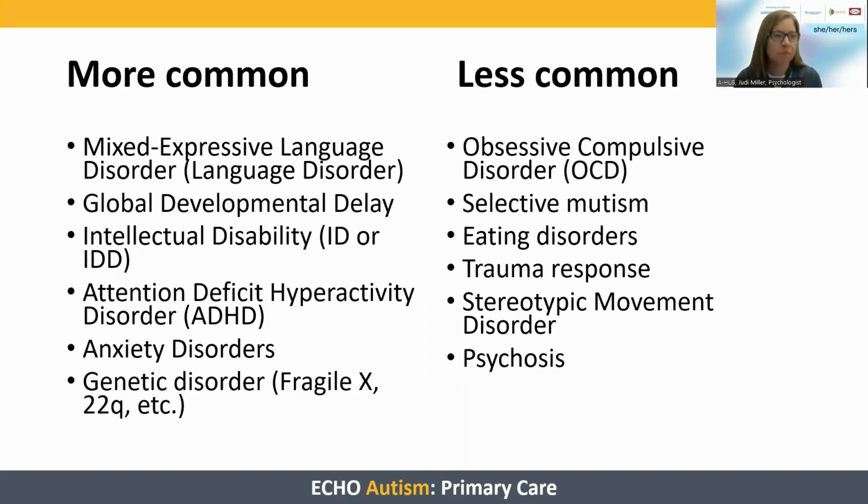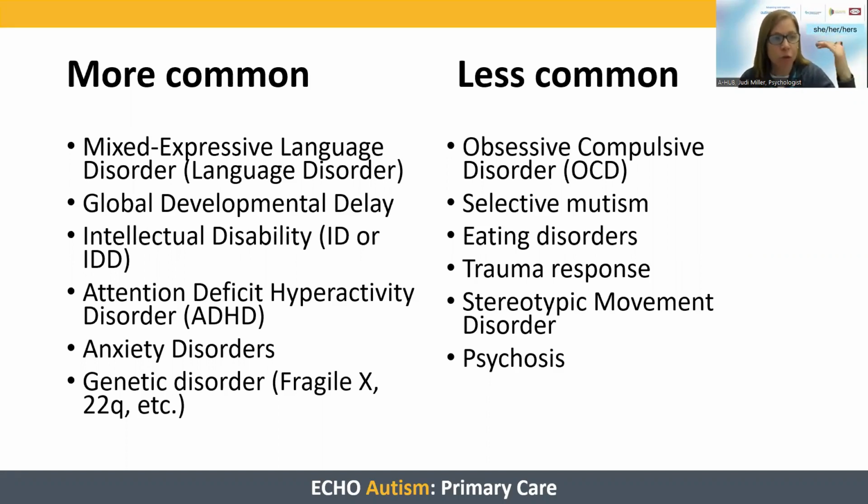Next slide. Okay, so I made two lists of things to think about in the autism versus and in the autism plus scenarios. On the left-hand side are the most common co-occurring conditions with autism, and we're going to cover each of those in a little bit of detail.